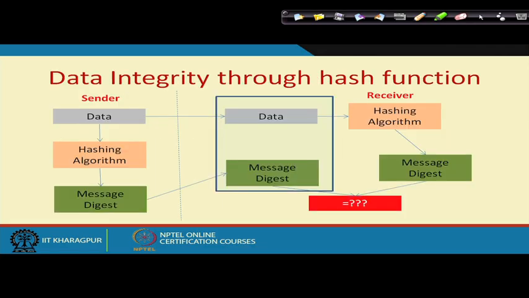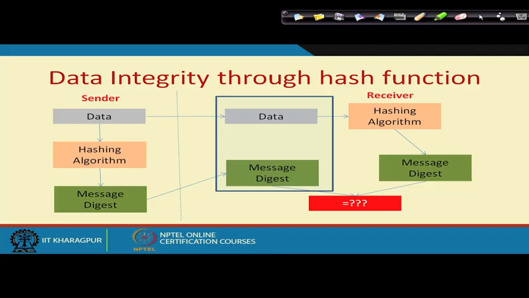So, look at this. Here we are showing how exactly data integrity can be maintained using the hash function. Look at what the sender will be doing. The sender will use a certain hash algorithm to create the message digest, or the hash value. Then, what is data integrity?